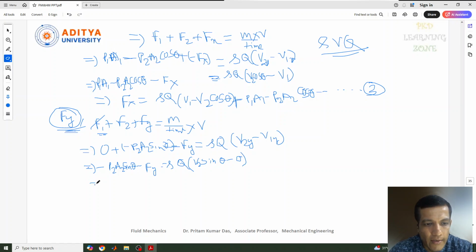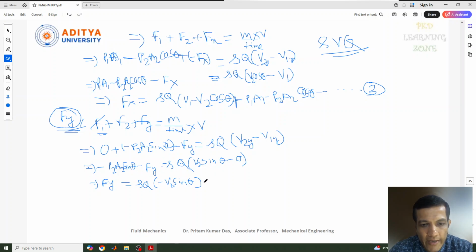Now again, I'll just write this one. We'll keep the Fy on one side, and the remaining terms I'll take to the other side. So I can write here rho Q, and this minus V2 sine theta, because this side has a minus, so I'm taking minus common and multiplying the negative term, so we get rho Q minus of V2 sine theta, and plus 0, nothing required.